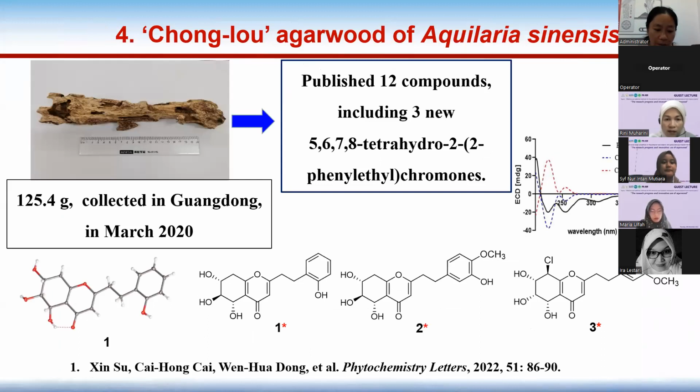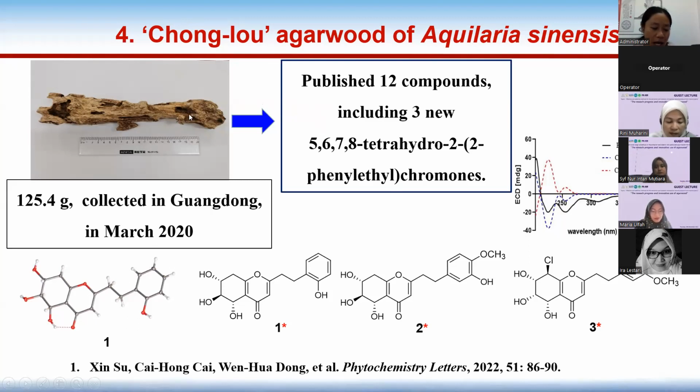And the first sample was Chonglou agarwood, from the same species, Aquilaria sinensis. Chonglou is a Chinese name. Chong means insects, so Chonglou means this agarwood is produced by insects.